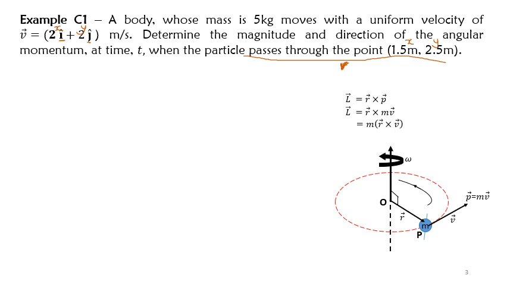Look at that figure on the bottom right side of the screen. The body has a mass m, moves with velocity v. Now, what will be the angular momentum, that's L, when it passes through the point (1.5, 2.5)?